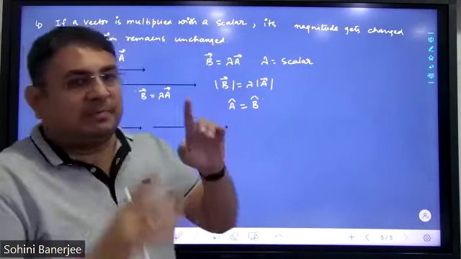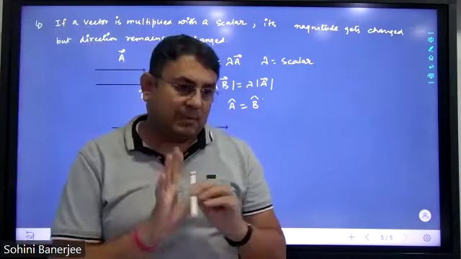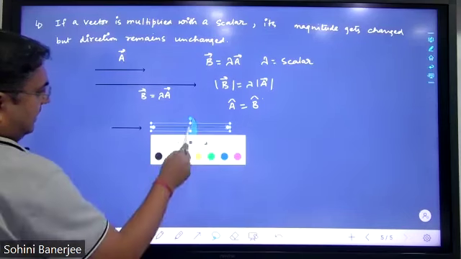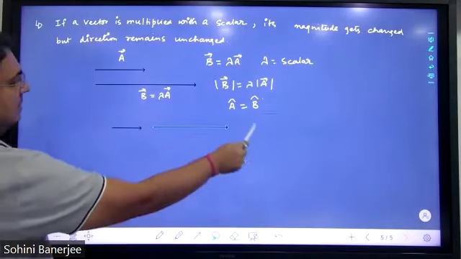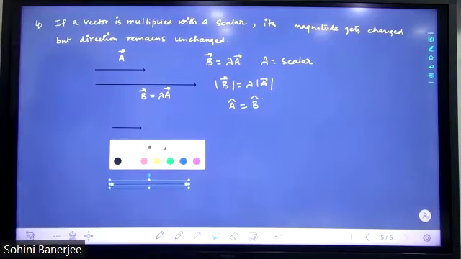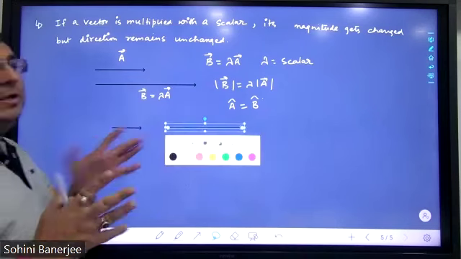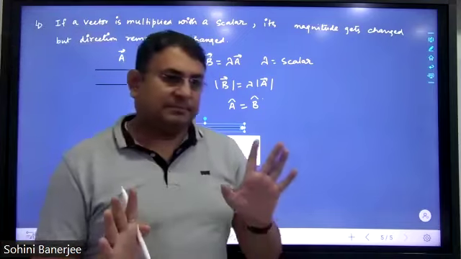Because for vectors we have a basic rule called the sliding rule. You can slide a vector anywhere without changing the direction. Unless you change the direction, the vector is not changed. If I draw them like this, they are parallel vectors. If I draw them like this, you can say collinear. Collinearity or parallelism, both are the same thing.